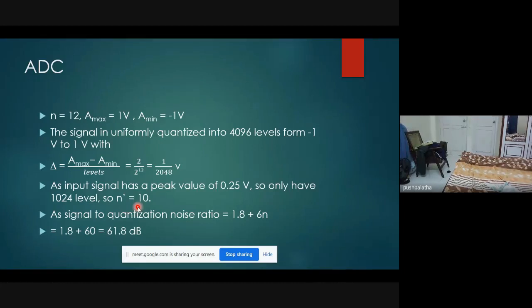Understand? They had given it as 12, but here the input signal has a peak value of 0.25. You please check how you will get this.